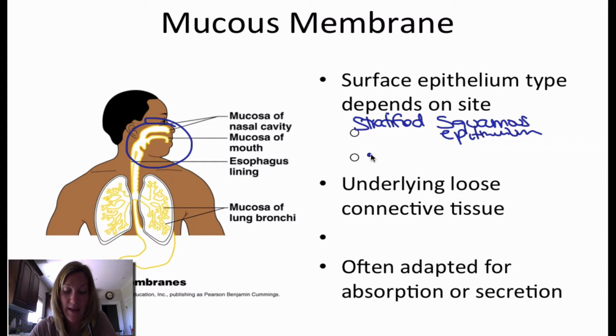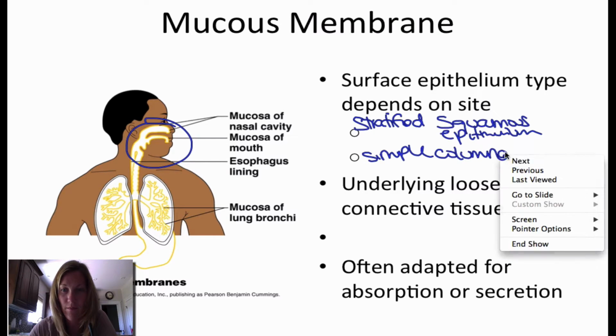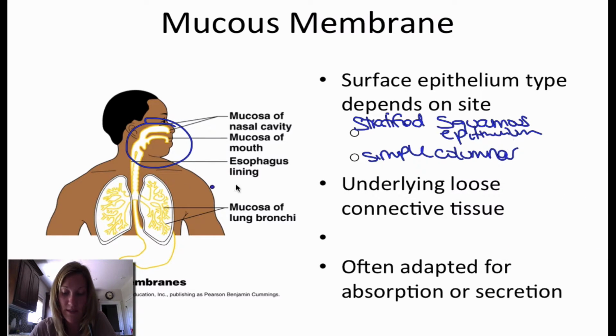Then the second form you have is simple columnar, which is going to make up other areas, and then the underlying loose connective tissue.